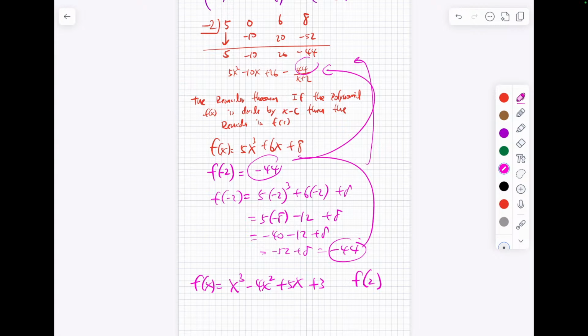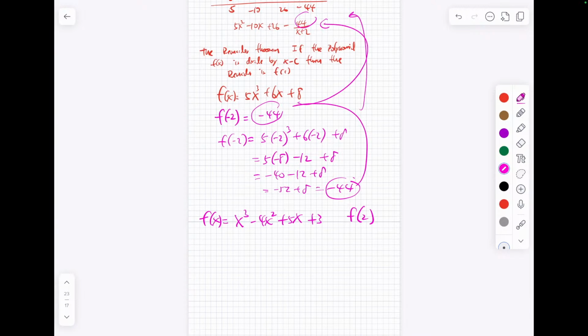No, I don't want you to plug in. I want you to use standard division to find out what f of 2 is. So you just do standard division for the remainder. Oh. Wait, so just plug it in. No, I don't want you to plug in 2. I want you to use synthetic division to find out f of 2. Oh, you want me to use synthetic division.